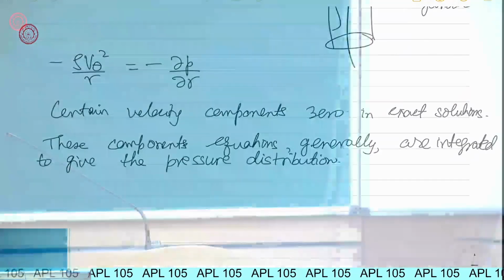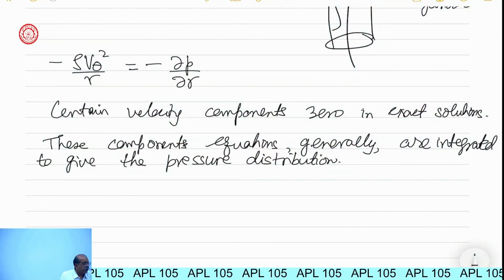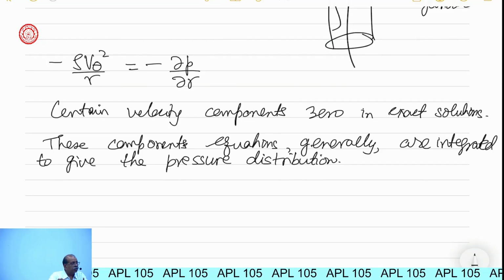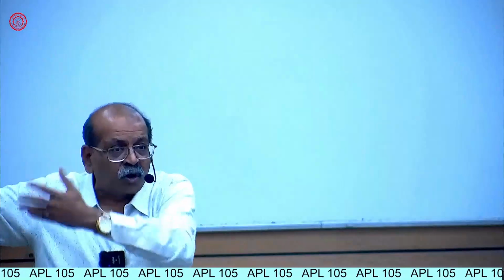In most of these problems, the pressure distribution comes from these components and it may not come out fully. You may get it as P is equal to something plus a function of Z or a function of R or a function of theta.